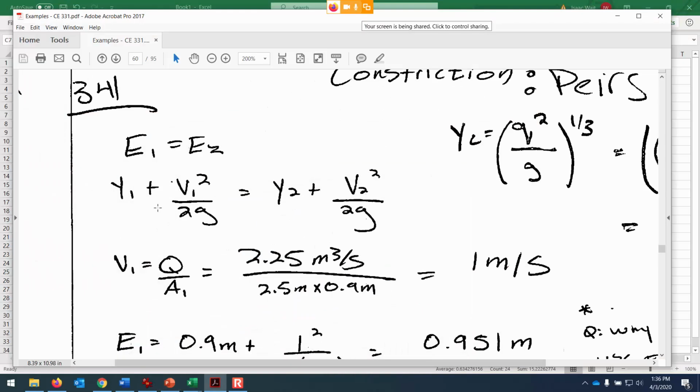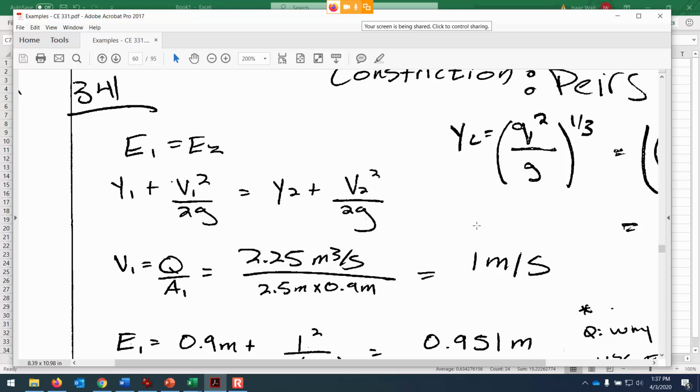And so Q equals VA, therefore V is Q divided by A. So if the given flow rate is 2.25 cubic meters per second, and then the channel is 2.5 meters wide and 0.9 meters is the flow depth, then that means our velocity at location 1 is 1 meter per second. Now that's before the constriction. So that's upstream of the constriction is where the velocity is 1 meter per second.